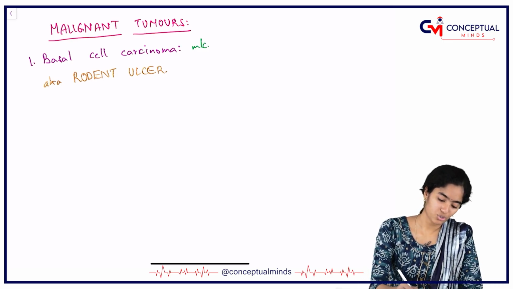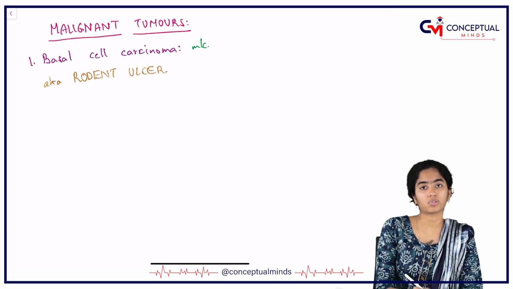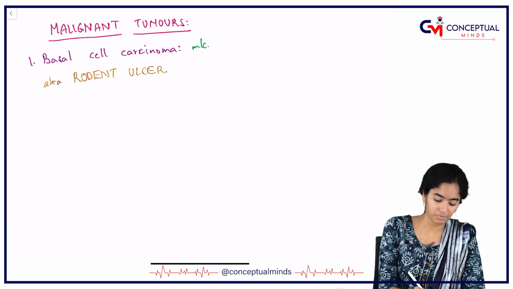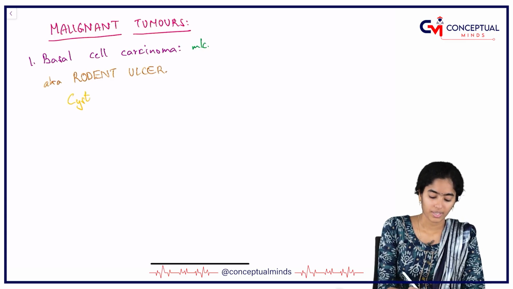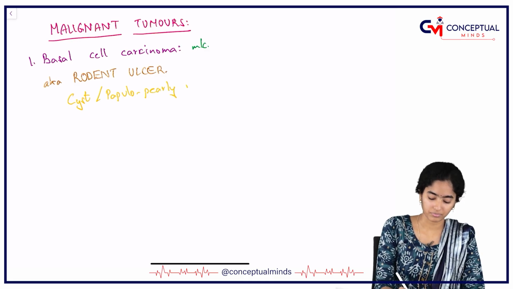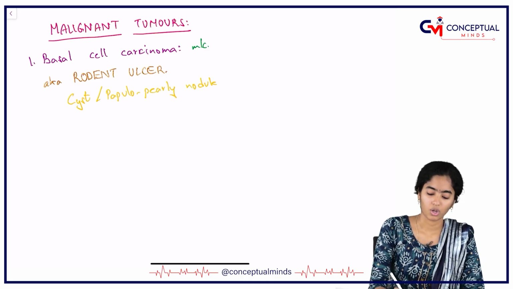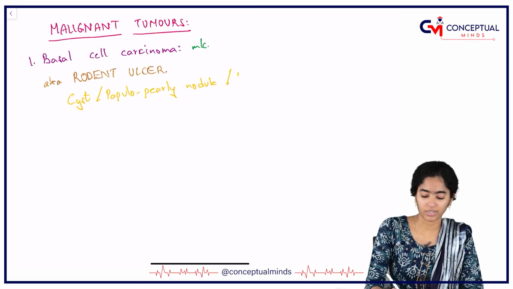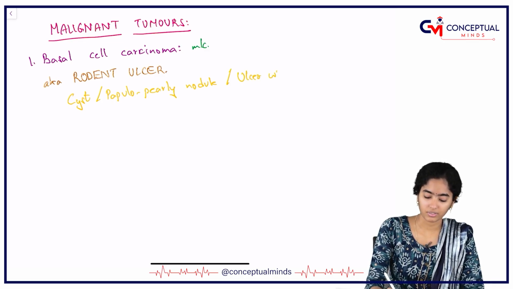Now this presentation you must remember, and you must also be able to identify if a picture is shown to you. Either a cyst or a papulopearly nodule, or, this is important, ulcer with rolled edges.